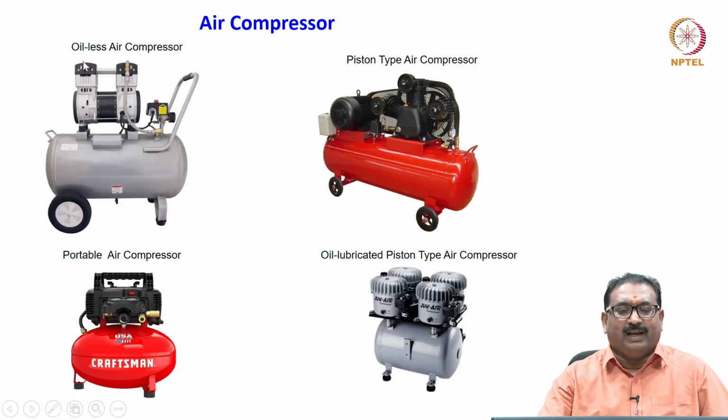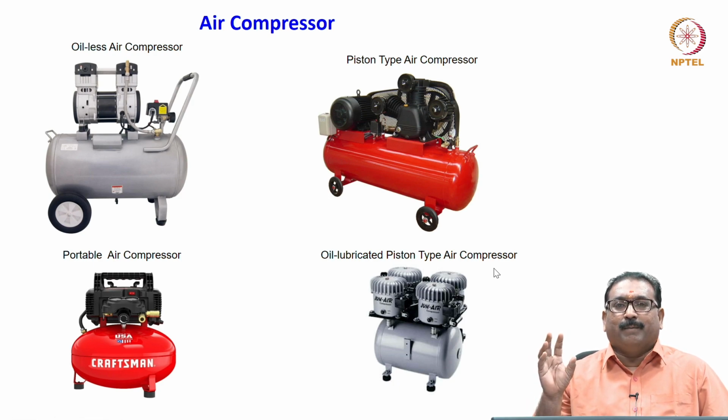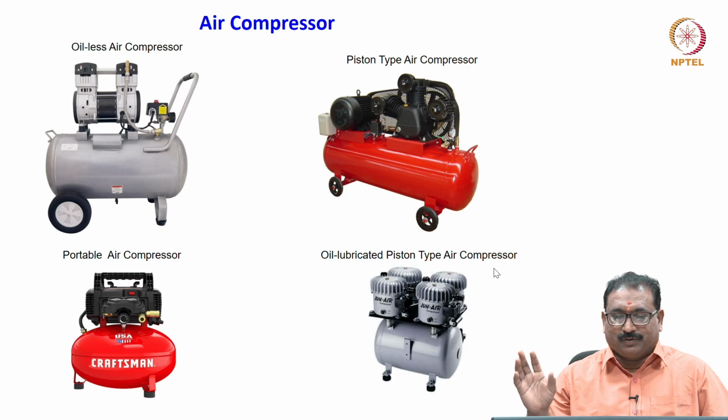See here, oilless air compressor, piston type air compressor for heavy duty applications, portable air compressors for mobile applications, then oil lubricated piston type air compressor. These are only some of the diagrams I have shown, but air compressors are available in a variety of sizes and shapes.